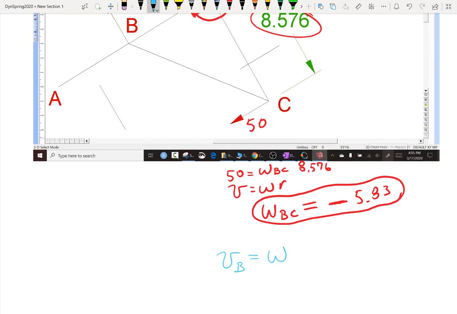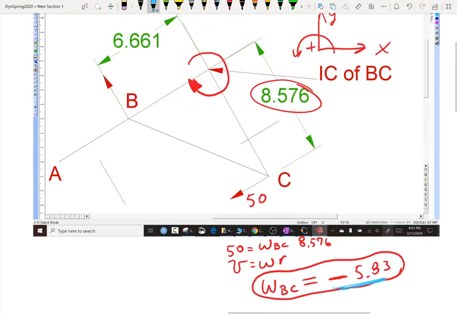is equal to omega BC times R from B to the instant center, which is equal to minus 5.83. Or you don't really need to put a plus or a minus here because this is related to our assumption.